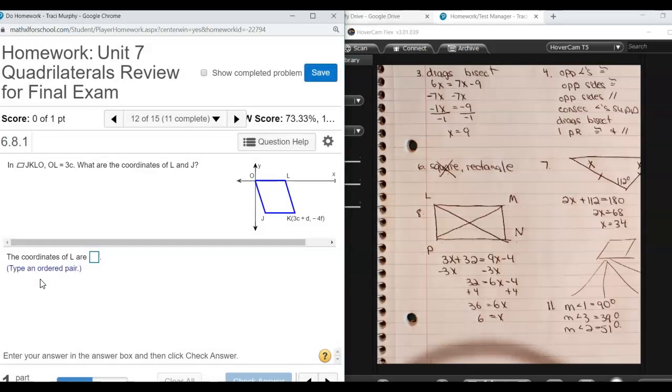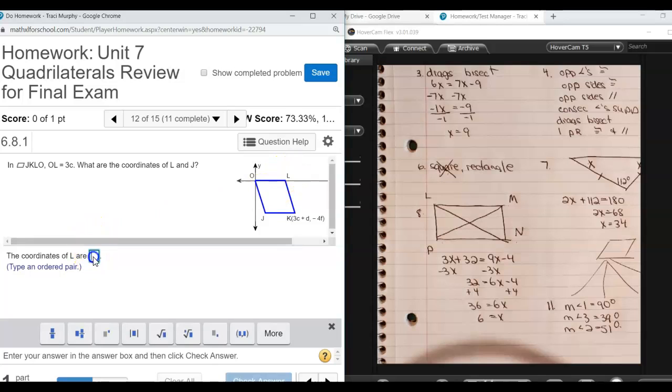Okay, this particular one here. If you look at this one, to get to K, we went out this amount and then we went out just a little bit more. So that initial amount corresponds with the 3C, and then at point D, we're not moving any up or down.